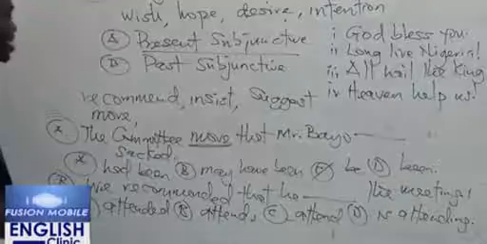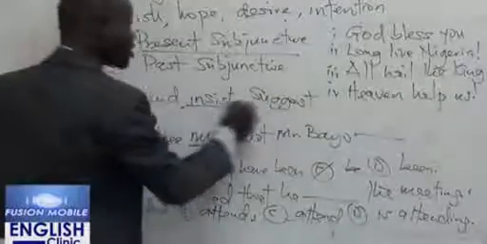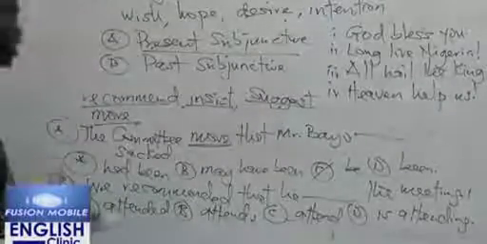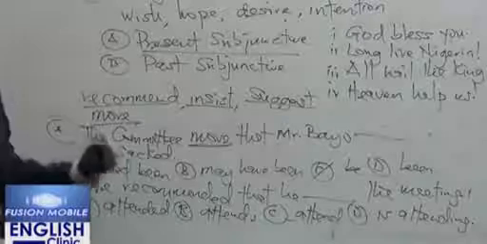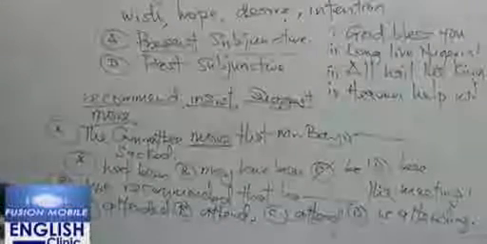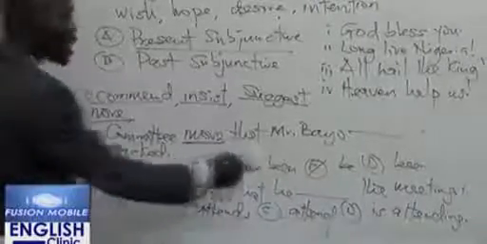Remember I said that anytime you have verbs like recommend, insist, suggest, move, demand, and so on and so forth, it should be followed by the present subjunctive. So the best answer here is not attended, neither is it attends. The best answer here is attend.